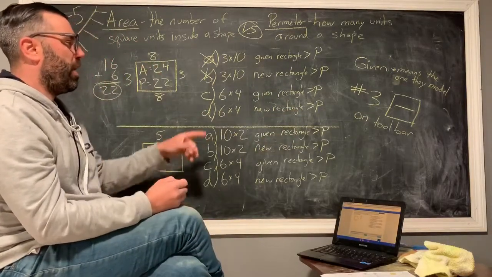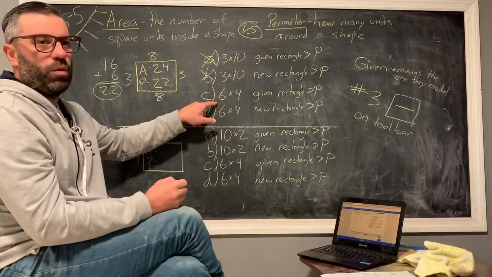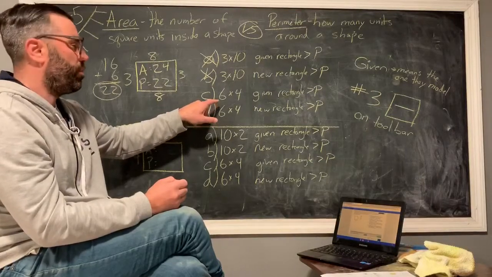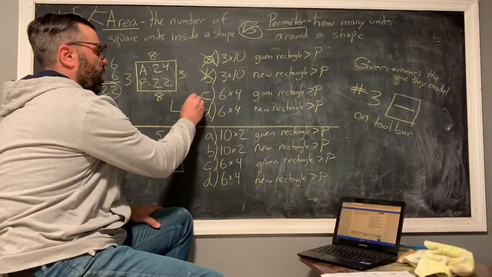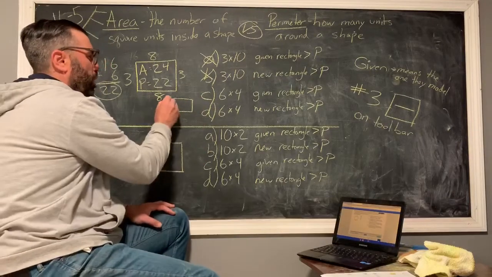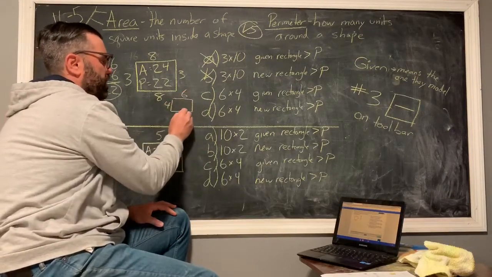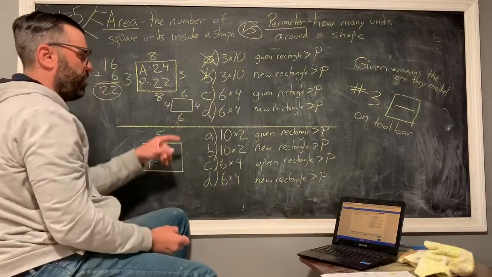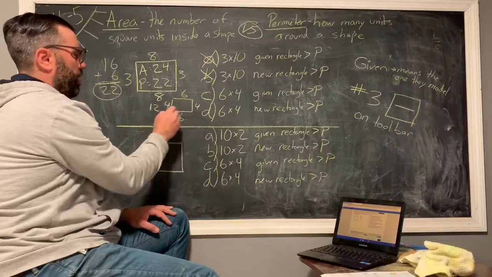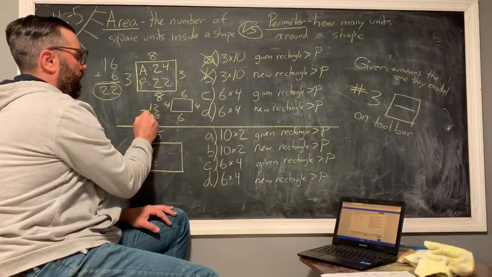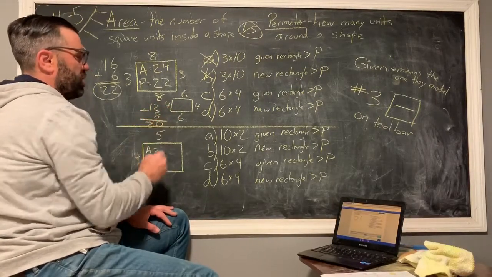So now I know the area of these is 24, but I don't know the perimeter. This is where you take your piece of paper and draw out a simple little 6 by 4. It doesn't really matter what it looks like, as long as you have your math. So 6 and 6 is 12, 4 and 4 is 8, and when I put those together I get 20.